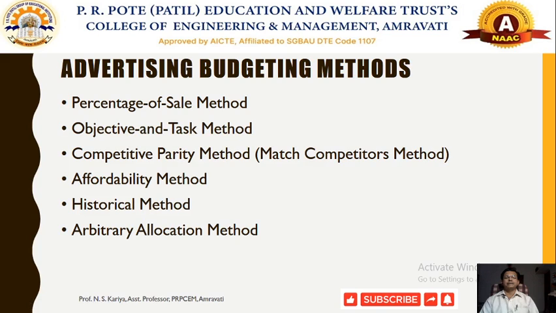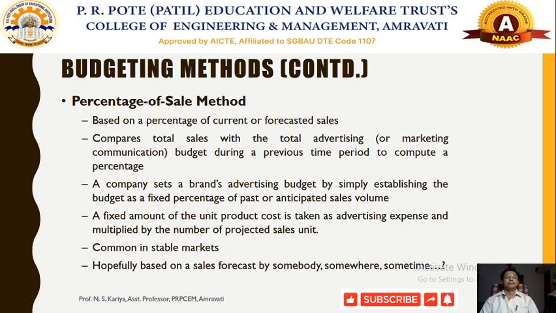The fifth one is called the historical method, and the last one is the arbitrary allocation method. There are varieties of methods here, but we are taking into account some important and popular methods for lecture purposes. So let us see the different methods of advertising one by one.